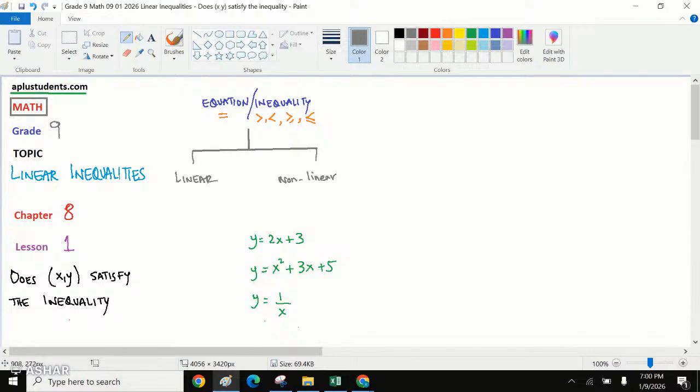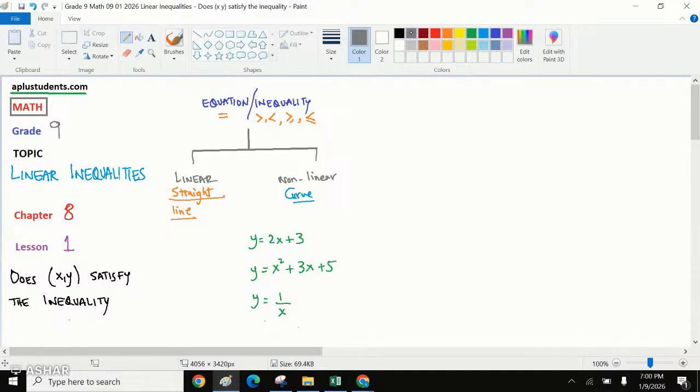Linear means straight. So anything that forms a straight line would always be linear. Non-linear would always make a curve. Any shape of curve would always be non-linear.